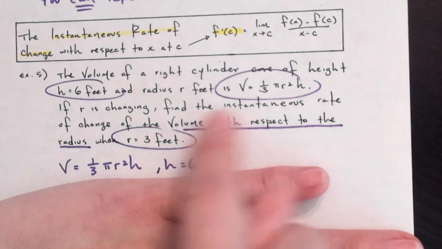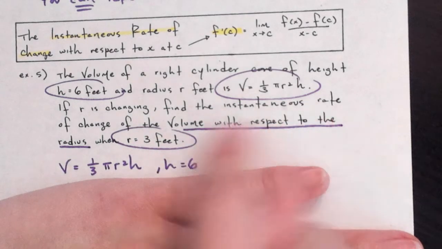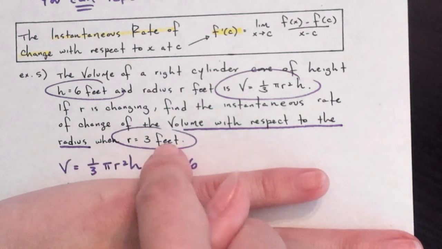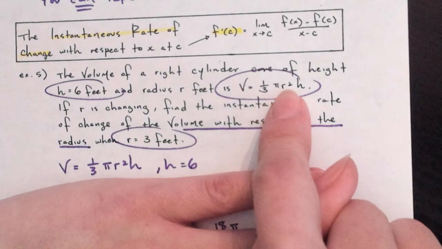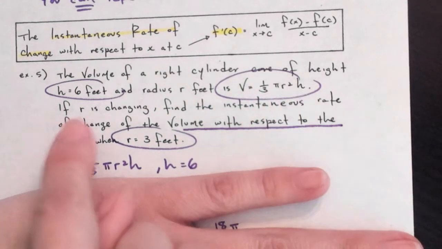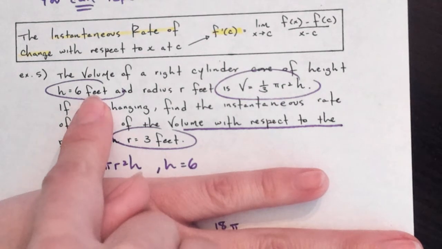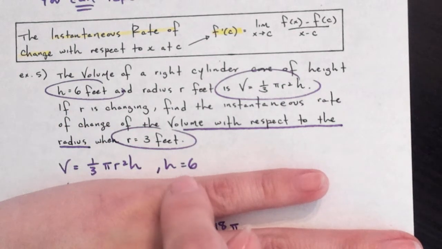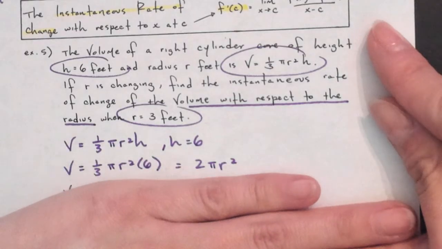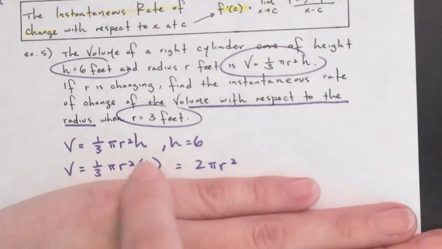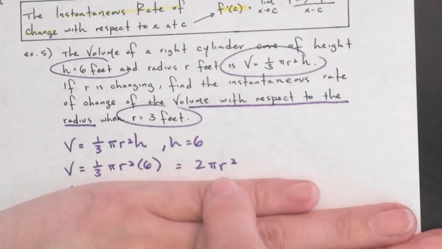Find the instantaneous rate of change of the volume with respect to the radius when the radius is exactly 3. So this is our y value, the r is our x value, and the h is actually just 6. So I wrote down some important information, I circled and underlined it, and then in my next step, I plug in my 6, and I make my equation look a little bit easier.